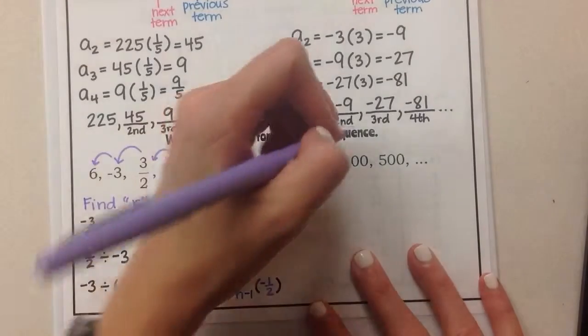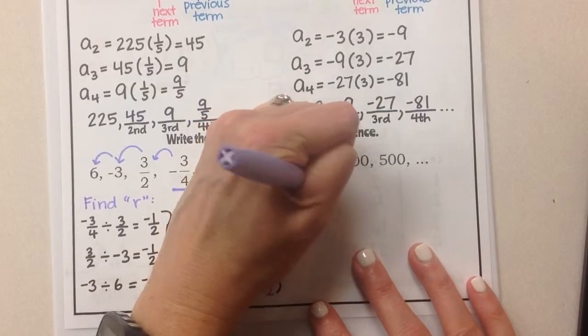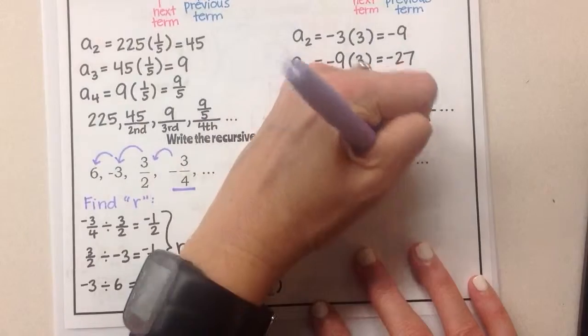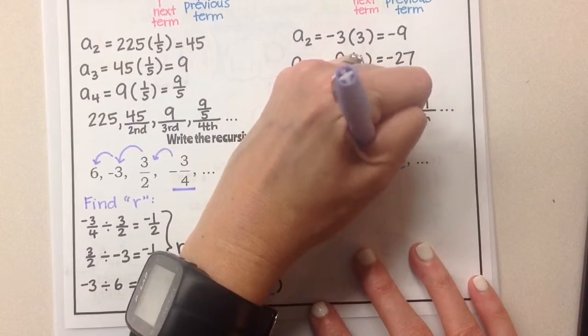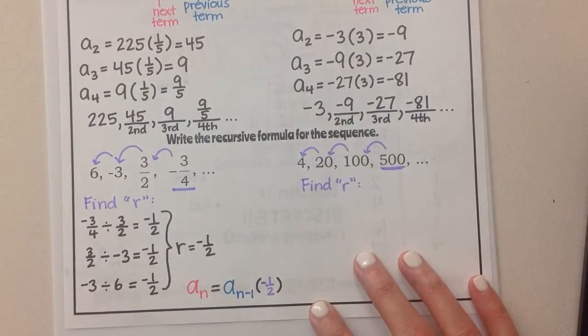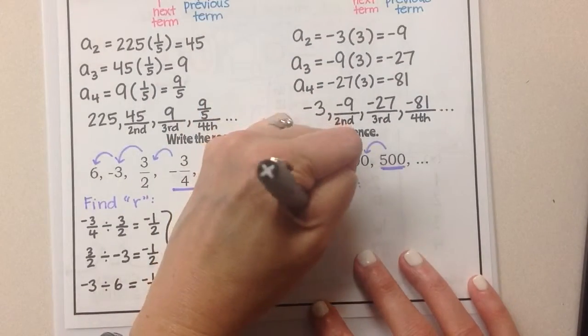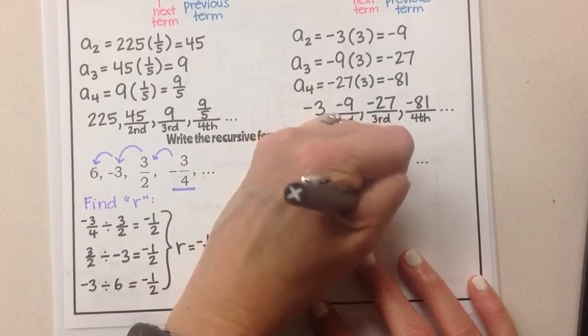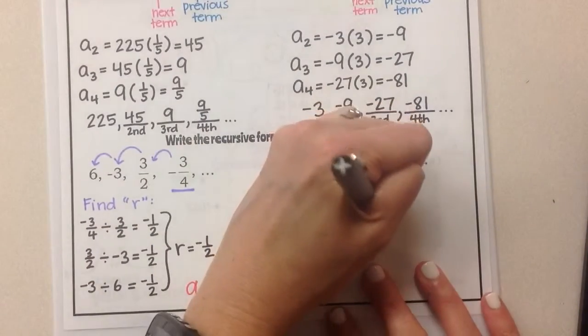So again, the first thing we've got to do is find R. And we're going to start at the end, and we're going to work backwards, and we are going to divide to find R. So I'm going to start with 500 divided by 100, and that's equal to 5.